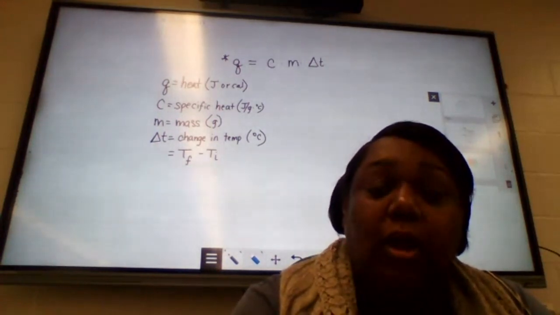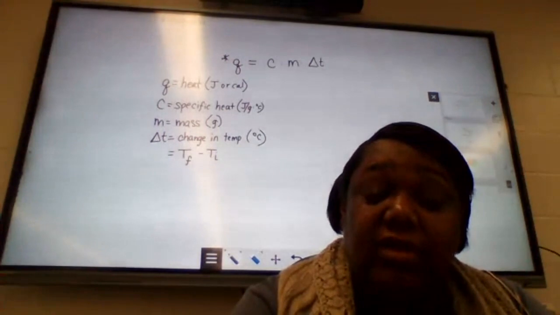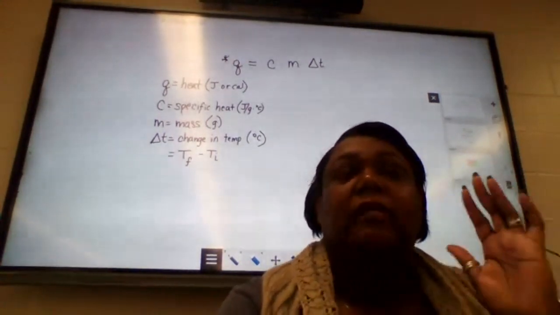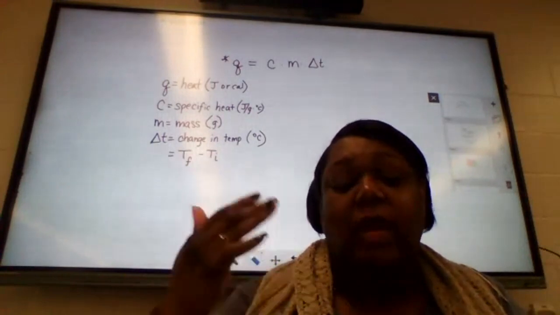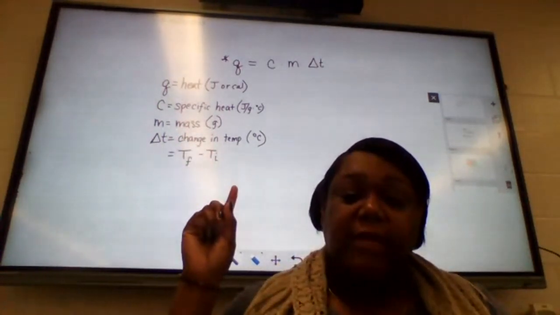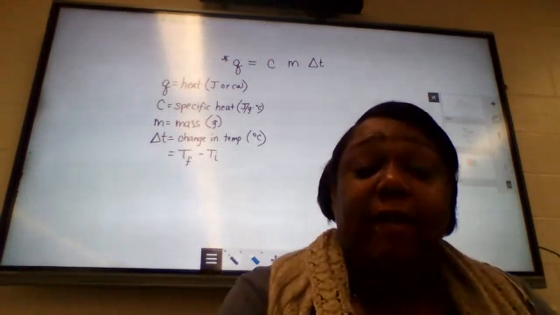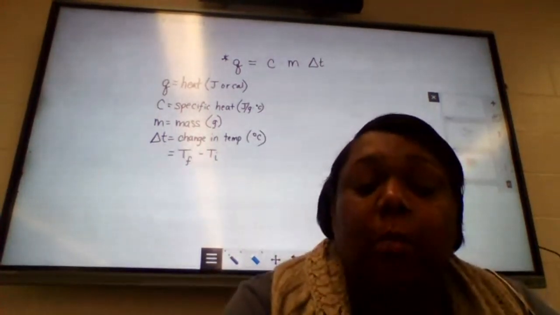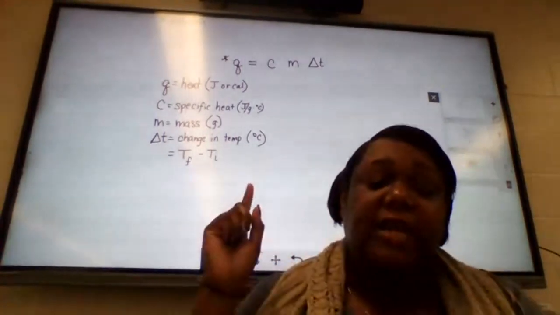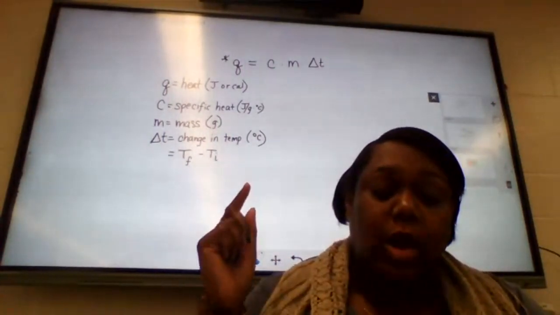So if I'm talking about water and I want to measure the energy, then if I have water that's at like 25 degrees Celsius and it's going to 75 degrees Celsius, then I can use the specific heat formula. However, anytime your material goes through a phase change, the specific heat formula would no longer work.